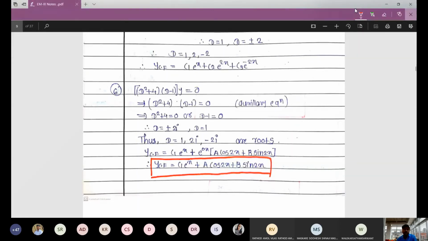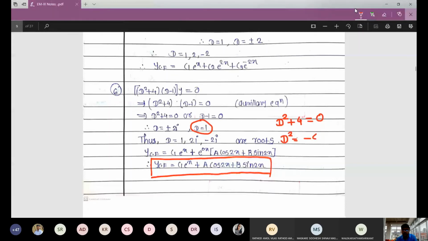D minus 1 gives you D equal to 1 as a root. And what about this? Let me simplify here. D square plus 4 equal to 0. You can use the quadratic formula or a calculator.